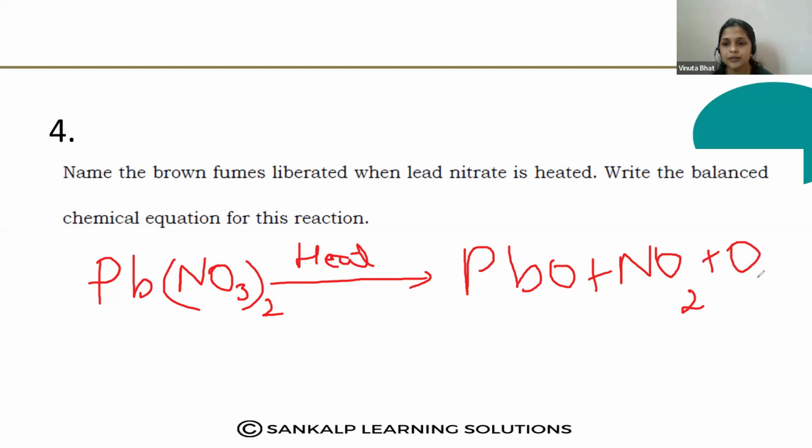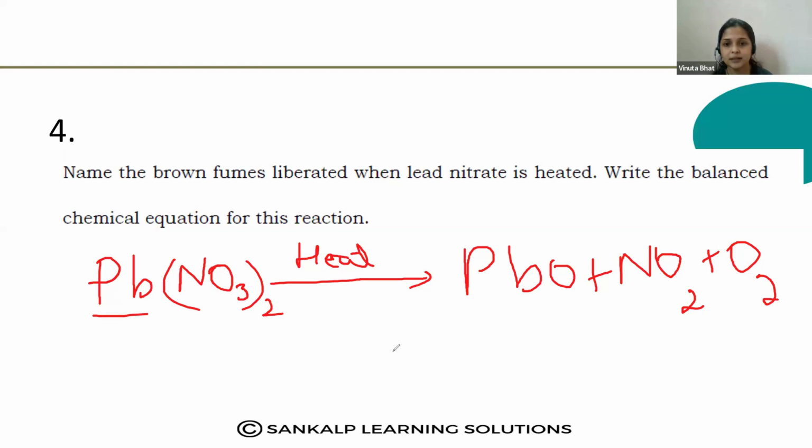Let us check the lead in the reactant and the product, and then the oxygen. Oxygen is 6 here, but here 2, I will add 2 O2. Wait, here oxygen is 2 plus 2, and 5 here.